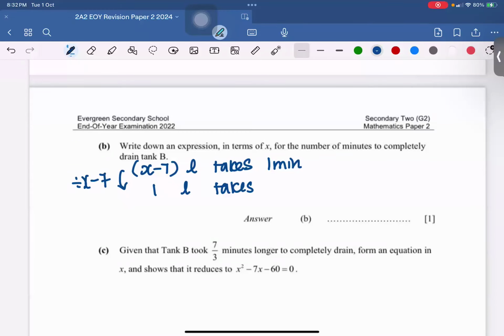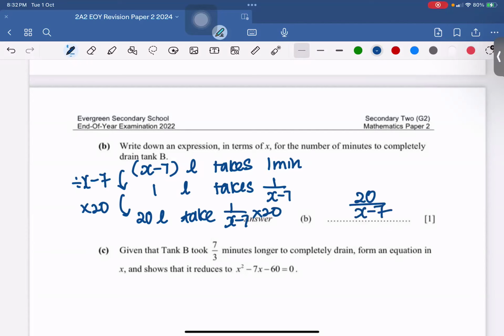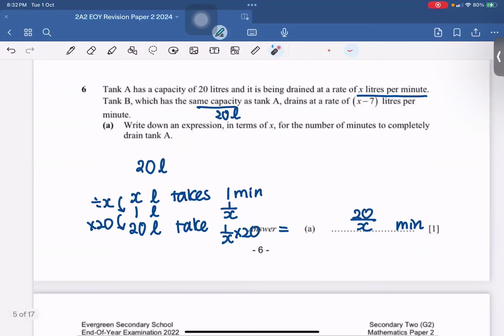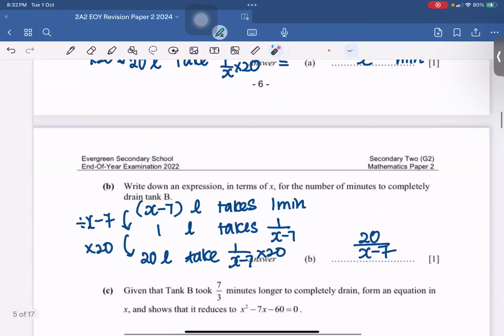Correct. So it's 1 over x minus 7. If I have 20 liters, I multiply by 20. So it takes 1 over x minus 7 times 20. The 20 goes up to the top: 20 over x minus 7. You can choose not to write working, just write this answer directly. No problem. Okay, so they want some kind of fraction, so you get the number in fraction in this case.